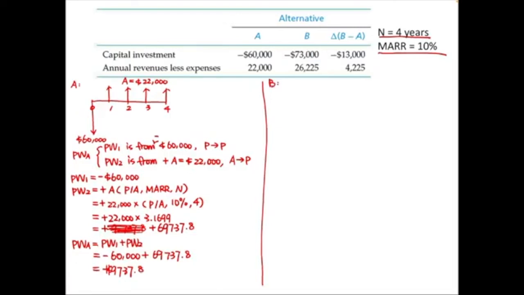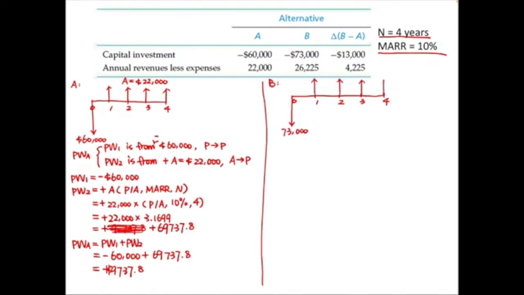Now let's consider option B. So the first thing is to draw the cash flow diagram, which has 4 years. At the beginning, you spend more, which is 73,000, and every year you can earn more profit.